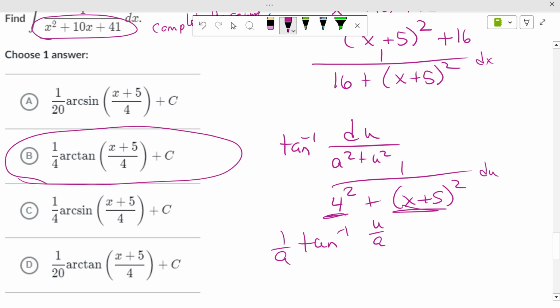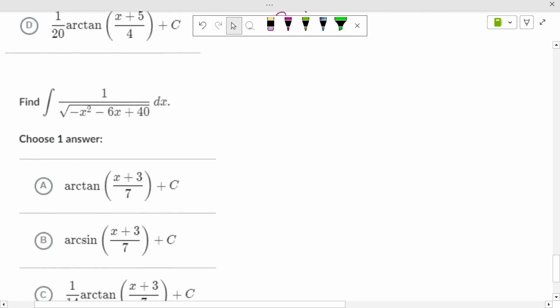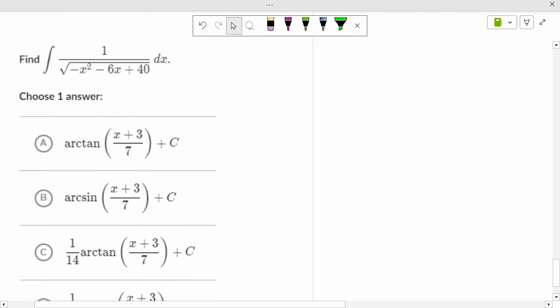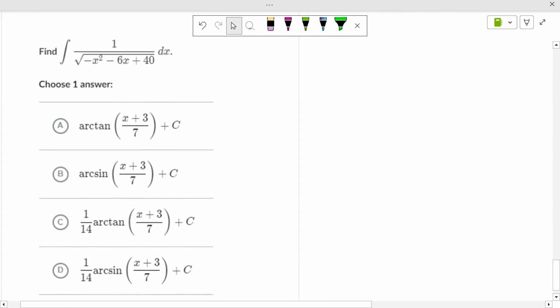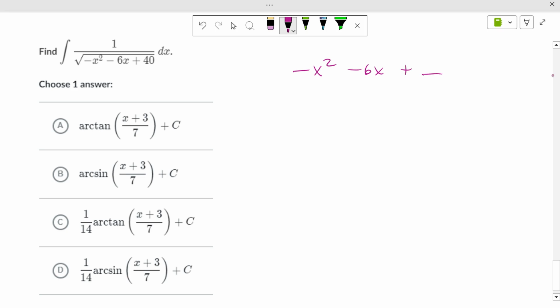Okay. This one. Since it has a square root, I'm thinking sine. All right, complete the square on this one. Ew. So negative x squared minus 6x plus blank plus 40 minus blank.